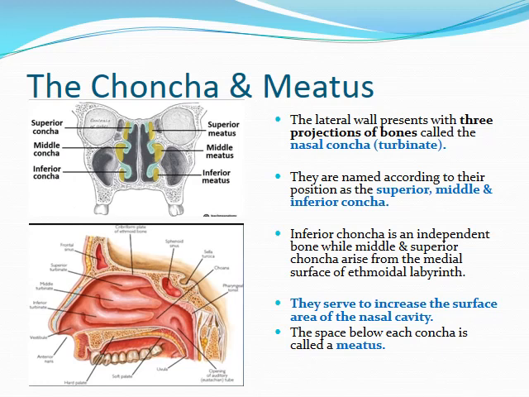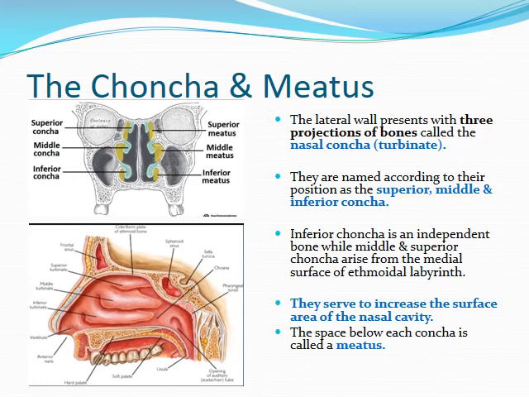And these turbinates or concha are named according to their position as the superior, middle and inferior concha. The inferior concha is an independent bone, while the middle and superior concha arise from the medial surface of the ethmoidal labyrinth.